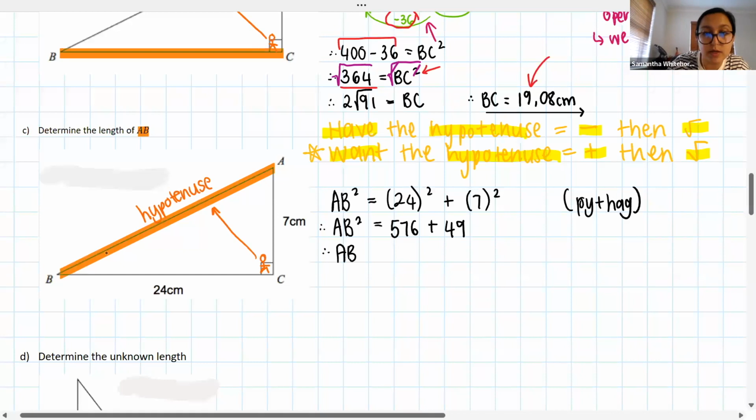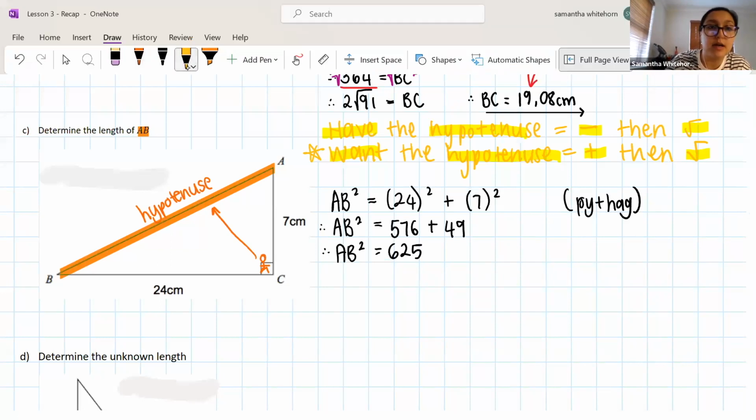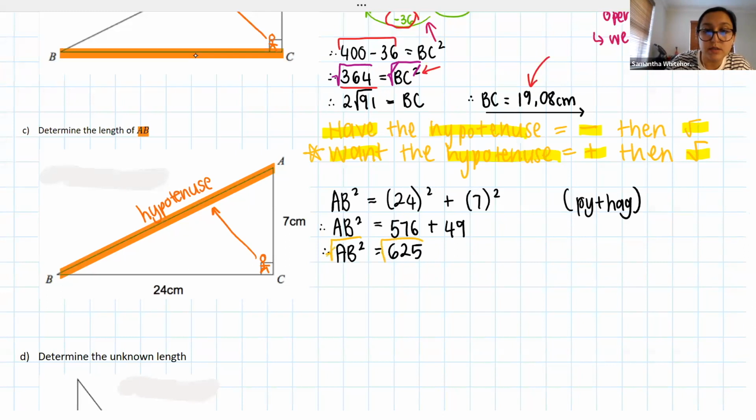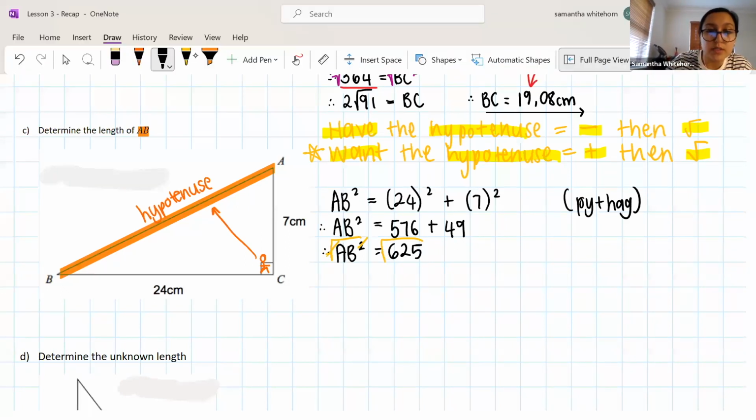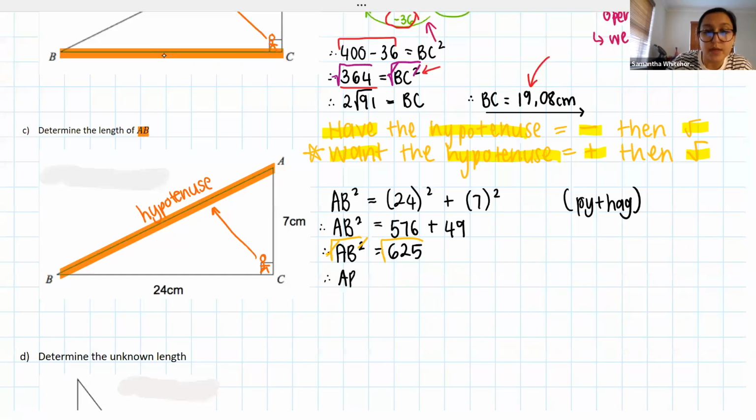So AB squared is equal to 625. And then remember, we don't want the squared, so we need to square root both sides in order to get just AB by itself. And when you square root 625, you get that AB is equal to 25 centimeters.